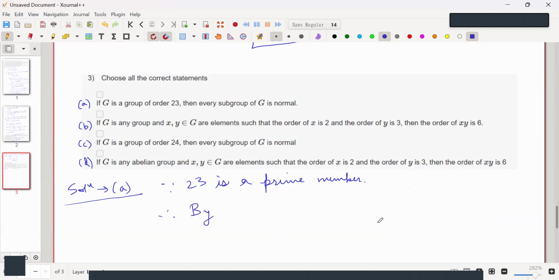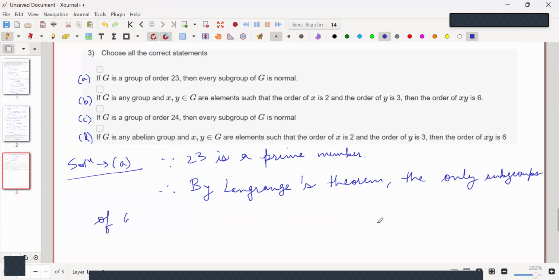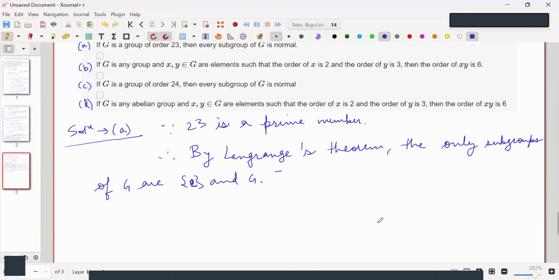Therefore, by Lagrange's theorem, the only subgroups of G are the identity and G itself, and they are always normal.